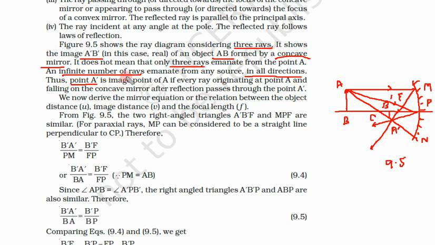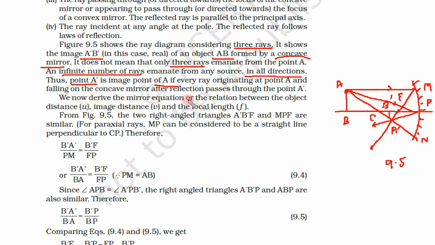Thus point A dash is the image of A, if every ray originating at A and falling on the concave mirror passes through point A dash after reflection. Similarly, if we solve this for an infinite number of rays, we will find that as these three rays cross at point A dash, all rays will pass through this point.